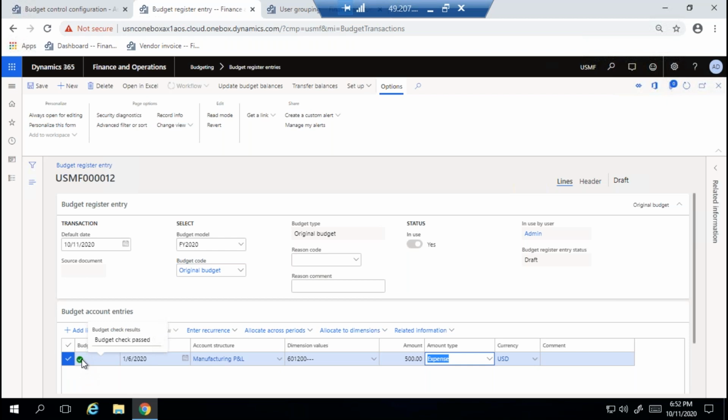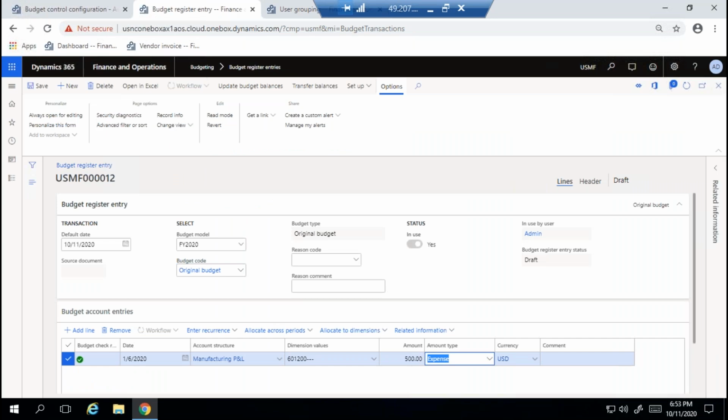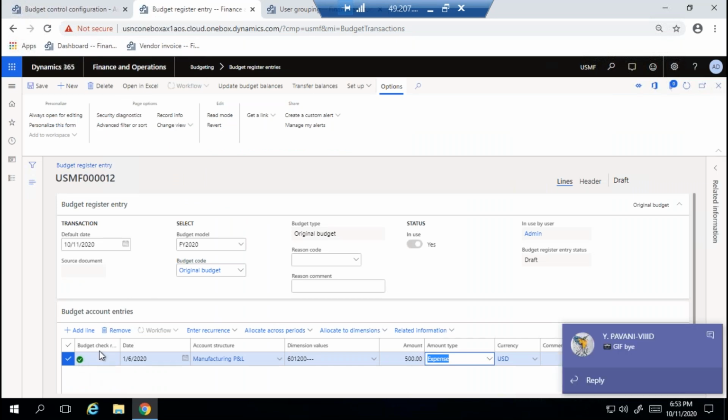Always, if you are entering budget register entries, you need to validate whether this green checkbox is coming or not. If it is not, you need to verify the budget control configuration, whether it is active and turned on. Then only you post this. These are the budget entries you are entering.